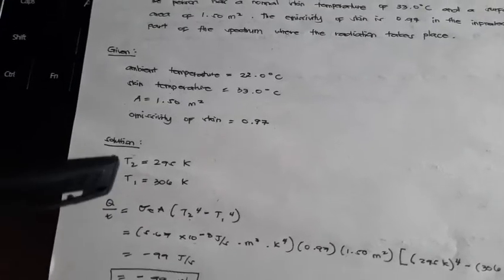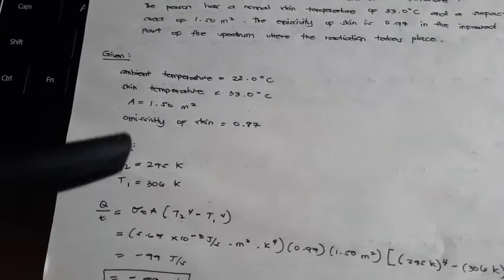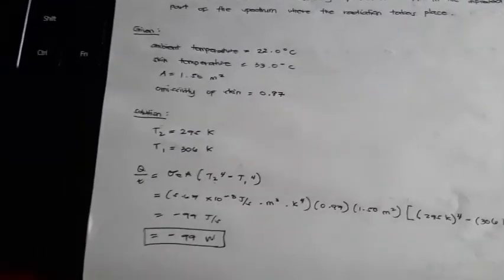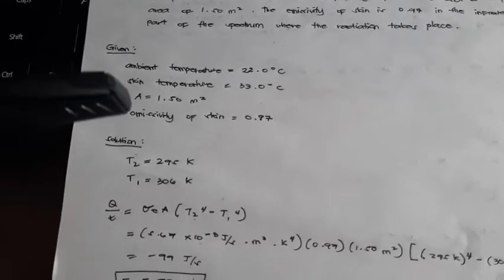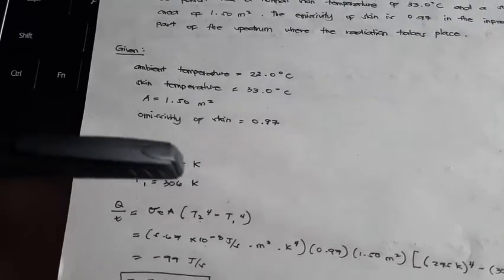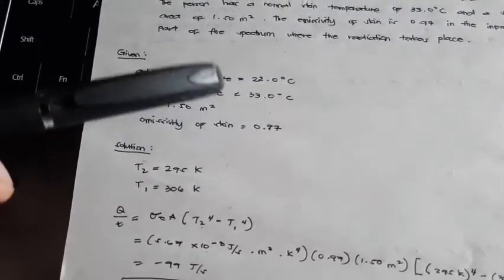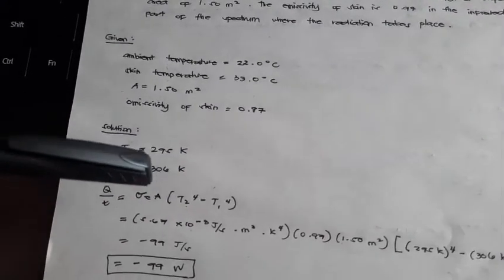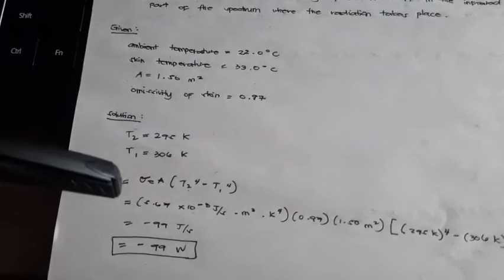By the way, you may wonder why T1 and T2 have different values: it is because they were converted from Celsius into Kelvin. So T2 is 295 Kelvin, and T1 is 306 Kelvin.